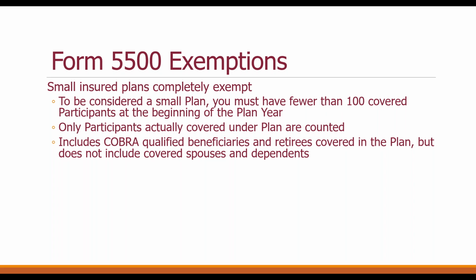So covered spouses are considered dependents, even though they're not dependents for the terms of your tax return. Employees essentially, and former employees on COBRA, and former employees that are retired that are still participants under the plan are how we count participants for the Form 5500.